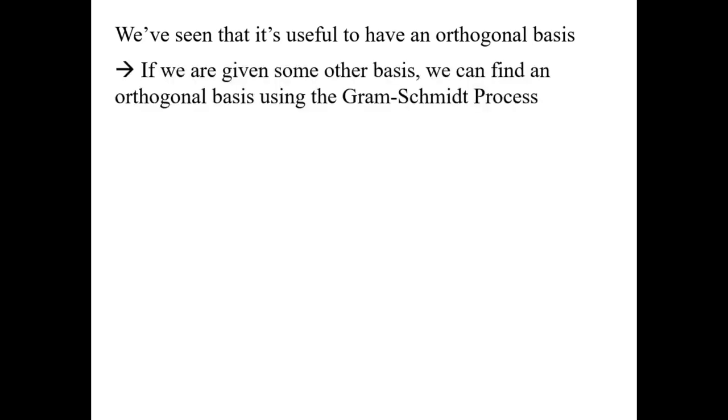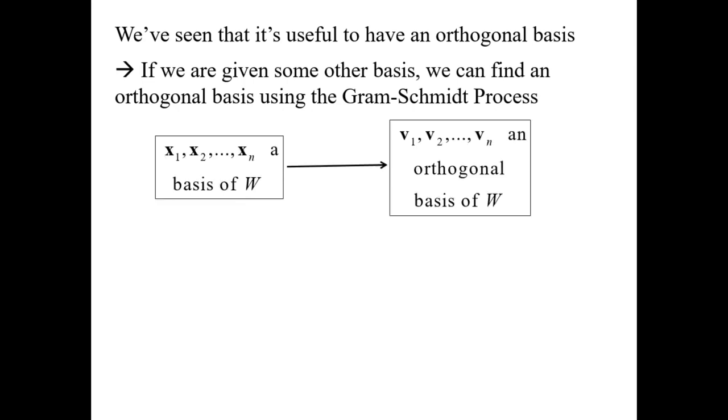If we're given any basis, it's possible to find an orthogonal basis using something called the Gram-Schmidt process. In other words, it allows us to take some basis made up of vectors x1, x2 up through xn and convert it to an orthogonal basis, and those vectors I'm going to call v1, v2 up through vn. So that's our goal here, how do we find that?